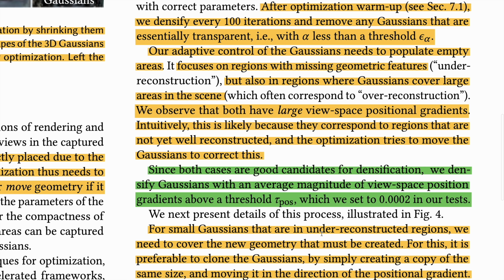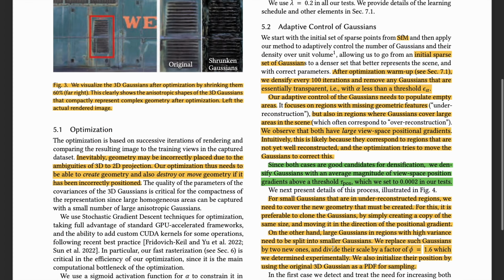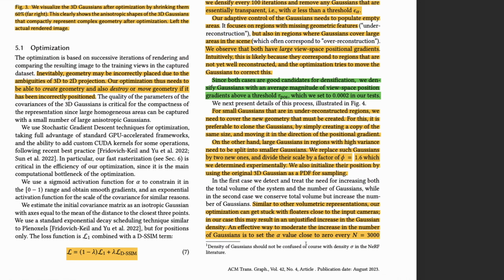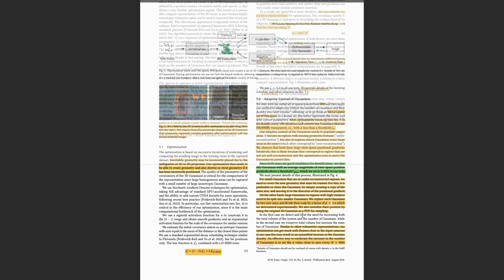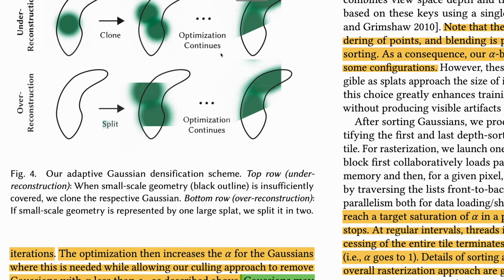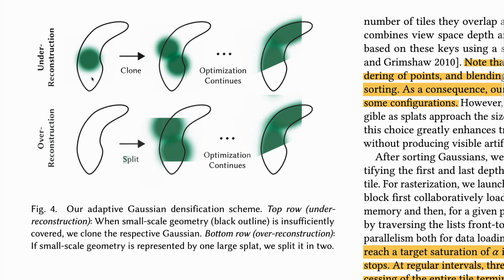So when there is under-reconstruction, they clone the Gaussians. Maybe instead of looking at the text, we can look at a nice figure. Here, this area is under-reconstructed, so they clone the Gaussian. You have another Gaussian with the exact same shape.